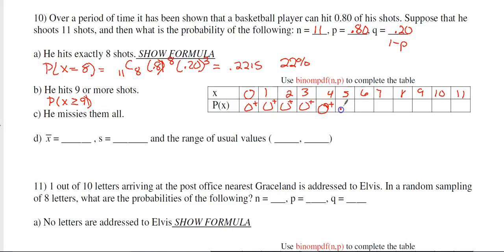For 5 we get 0.01. 6 is 0.04. 7, I believe, is 0.11. 8 is 0.22. And I cannot read the other 3. I'll have to go look at those.